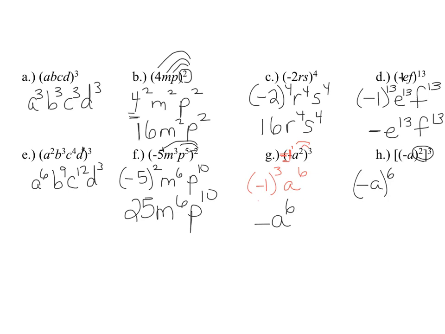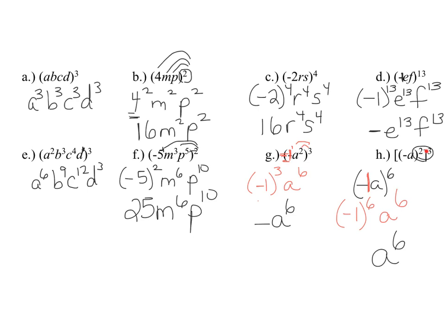So when I bring this whole thing to the 6th power, it's like you're doing negative 1 to the 6th power, a to the 6th power. Negative 1 is being taken to the 6th power, which is actually positive. And so you would have positive 1 times a to the 6th, which would just result in positive a to the 6th. So it gets kind of tricky.